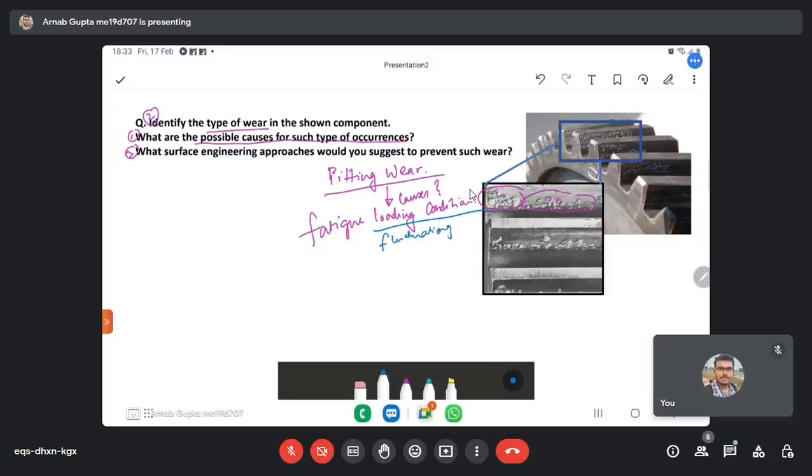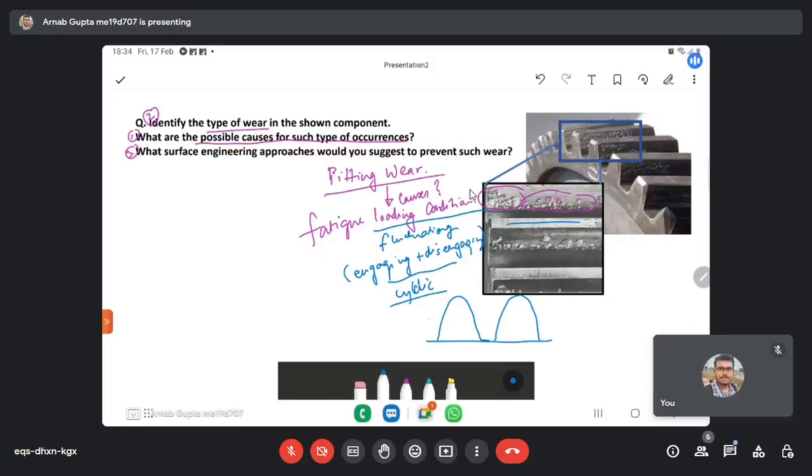Because if you take each gear teeth, it's engaging and disengaging. And this happens in a cyclic manner. And hence, if you see the load profile, the load will increase, again become zero, again increase, again become zero. So this is like a typical loading cycle, you can say.